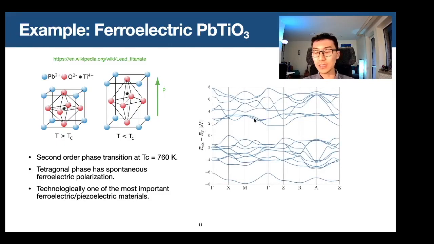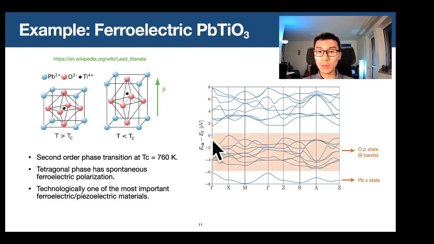Anyway, the band structure looks like this, and I want to emphasize that before doing anything about the Wannier functions, please analyze the band structure, density of states and their orbital character. I have done this job, and what I have found is that the states here correspond mostly to lead s states, and this bunch of bands is coming from oxygen p states.